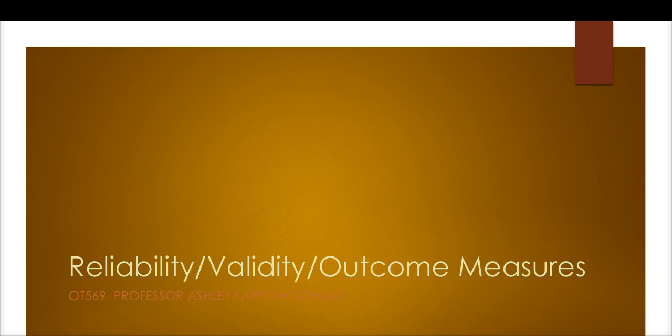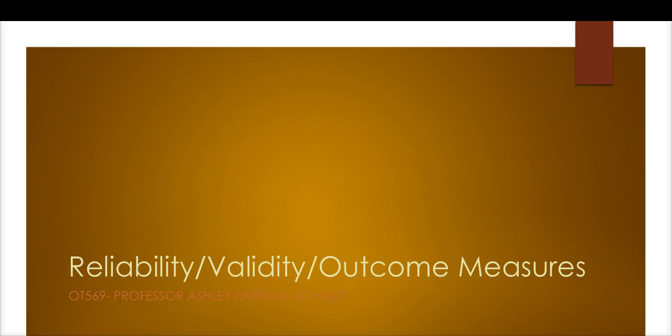When you're looking at the outcome measures in research, we need to also know that those outcome measures are also valid and reliable. In order for research to be clinically useful, we have to know that the outcome measures used within the research are not only applicable to your patient population, but that they demonstrate high quality and that's been proven.